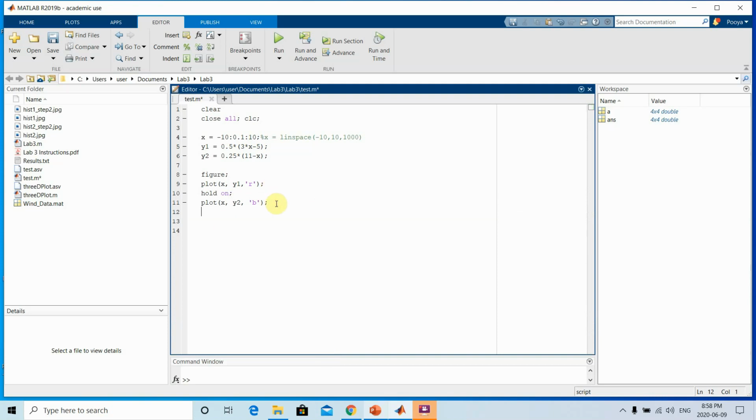Let's add grids to our plot. Let's have an x label x and a y label y, and maybe I can also have a title, solution of a system of two equations, two unknowns.